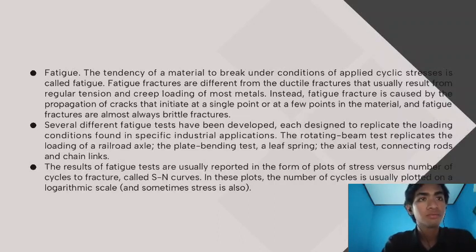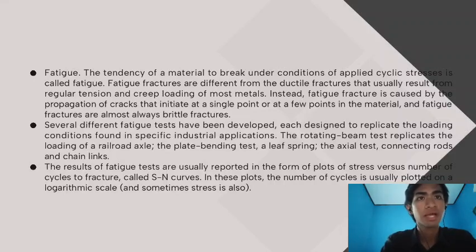The results of fatigue tests are usually reported in the form of plots of stress versus number of cycles to fracture, called S-N curves. In this plot, the number of cycles is usually plotted on a logarithmic scale.